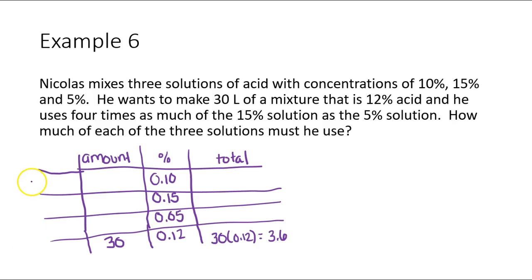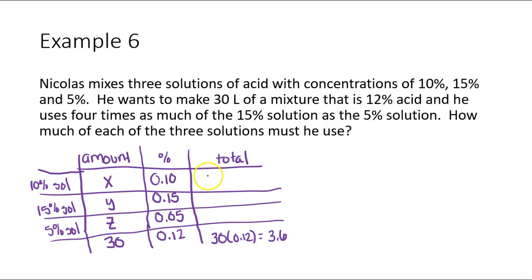All right, and let's put some names over here. So we have the 10% solution, the 15% solution, and the 5% solution. Now since we're looking for how much of each of the three solutions must be used, I'm going to put my variables right here in the amounts.